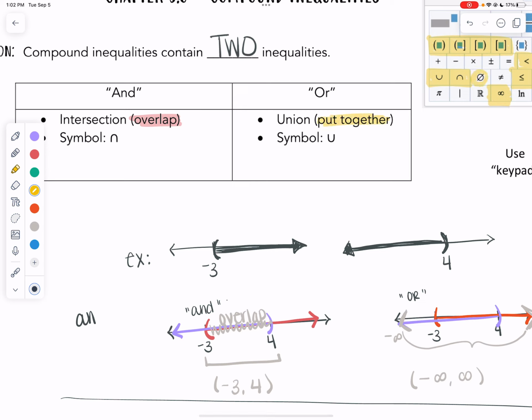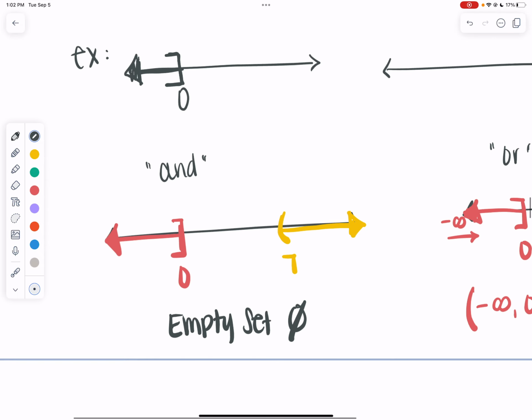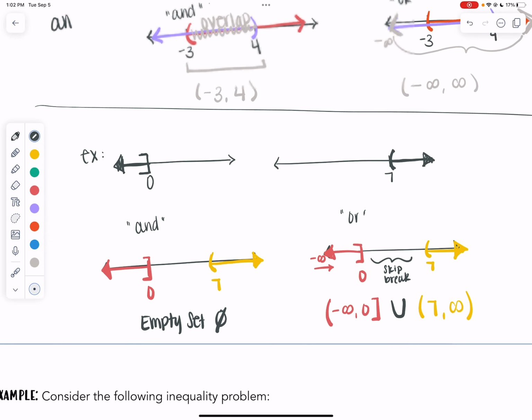And then also, here is that symbol for the empty set. That happens when there is no overlap, like in this one. All right, so in the next video, we're going to be picking up and just doing more examples.